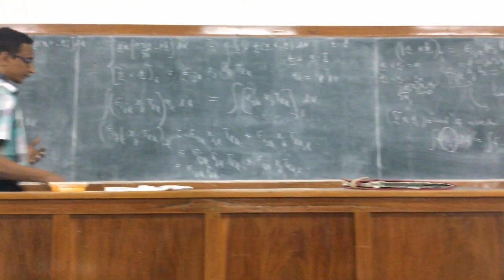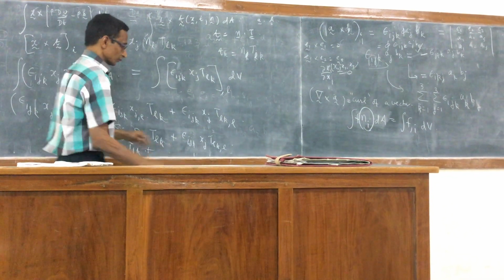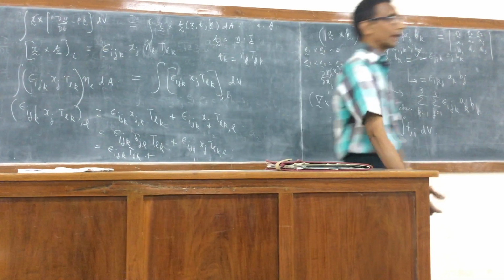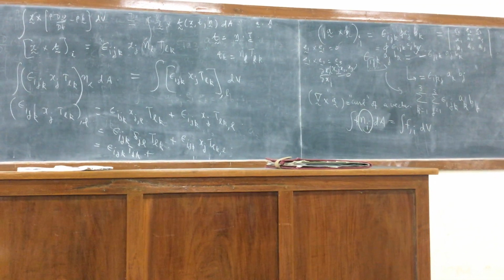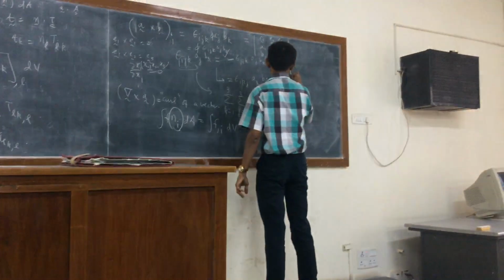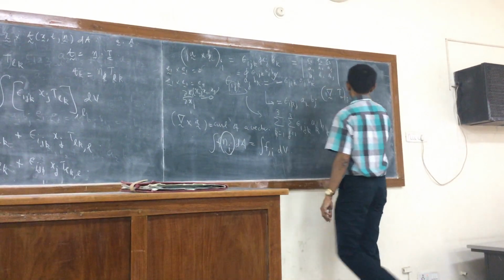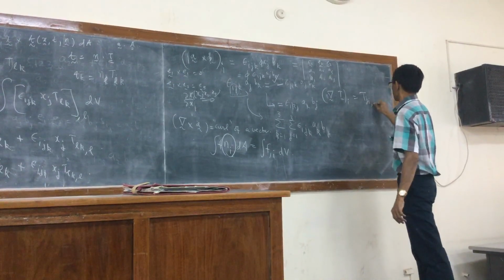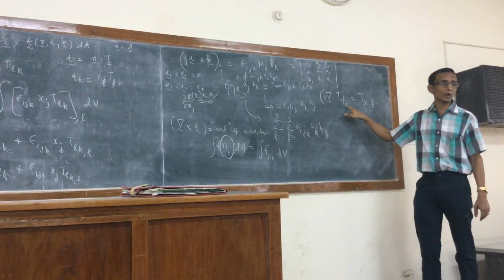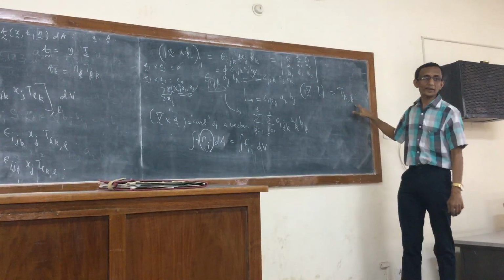Now what about this? What can you say about T_ik comma l? That's clearly the divergence. If you look at the divergence of the stress tensor, the jth component is T_ji comma j. So I am looking here at the ith component. I have used j as a summation index.